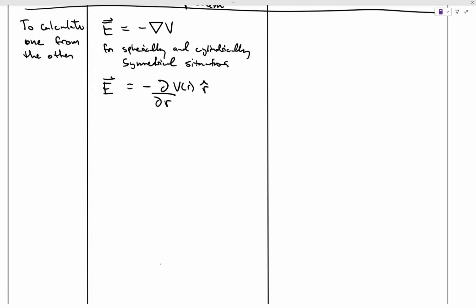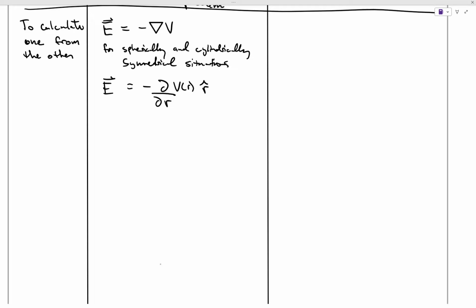And then that gradient has to impart direction. And so if we're talking about things that are symmetrical in r, there would be a factor of r hat, the unit vector, to indicate that the electric field points in the r hat direction. So that's our mathematical operation to get E from V.